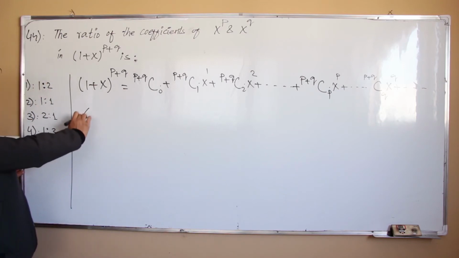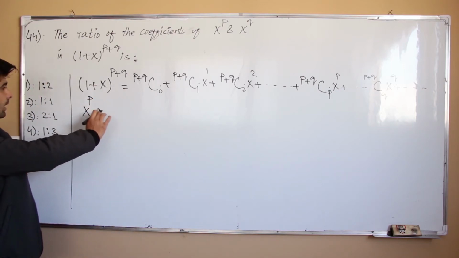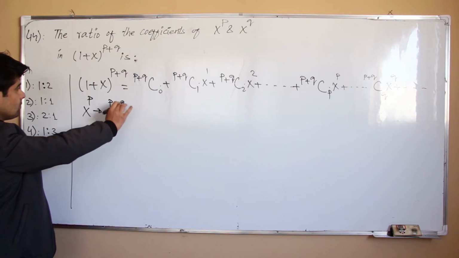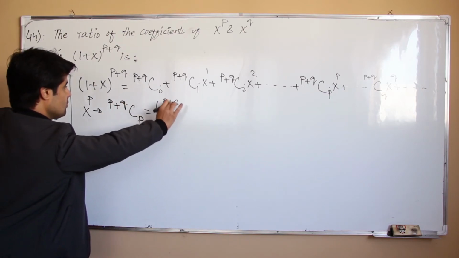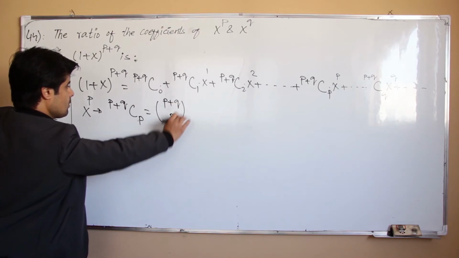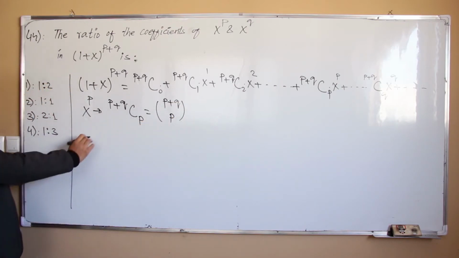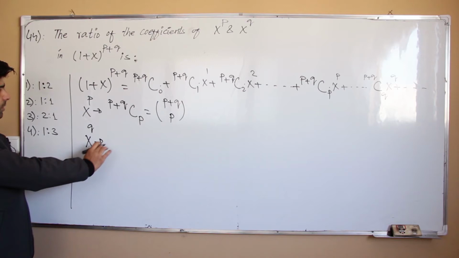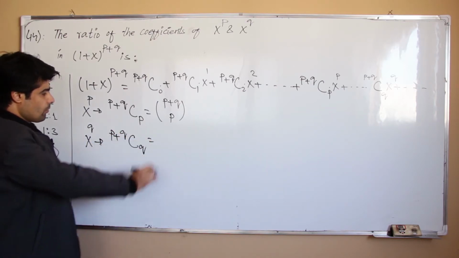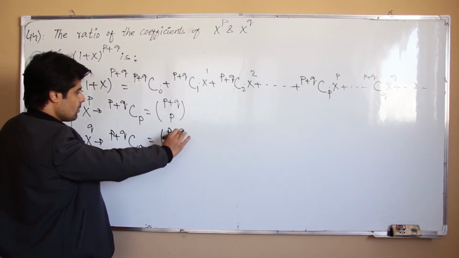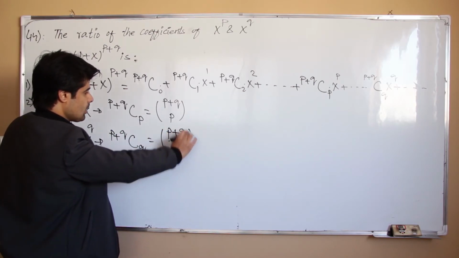The coefficient of x to the power p is (p plus q) Cp, or we can write (p plus q) choose p. And the coefficient of x to the power q is (p plus q) Cq, or (p plus q) choose q.